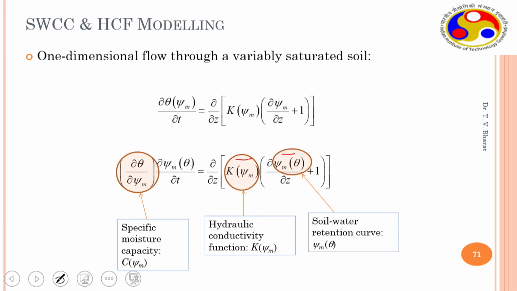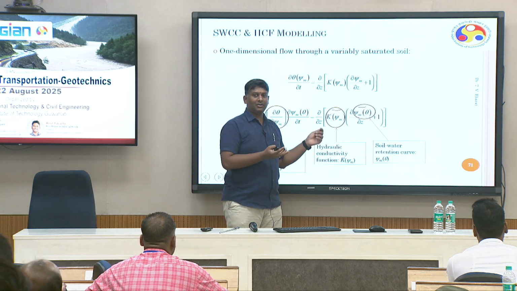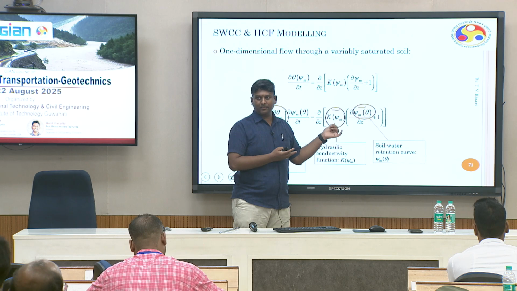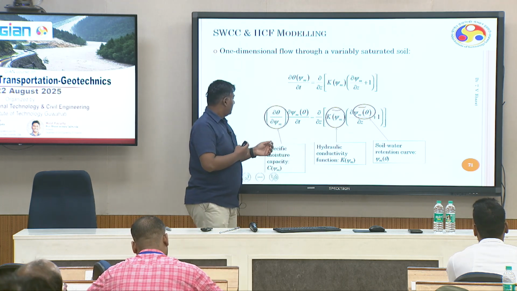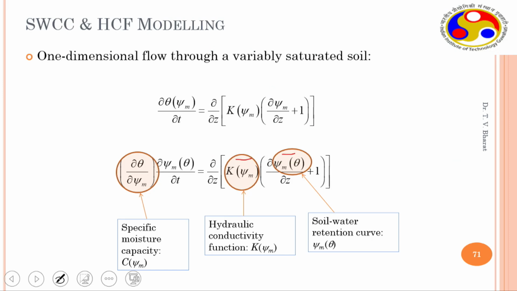This is one constitutive relationship, the SWCC. This is another relationship, the hydraulic conductivity function. I don't know whether to call it constitutive or not, because constitutive is generally between two state variables. Hydraulic conductivity, I don't think it's a state variable, therefore it may not be constitutive but a relationship, a variation or functional form of hydraulic conductivity. And this is the specific moisture capacity, the slope of the SWCC itself.